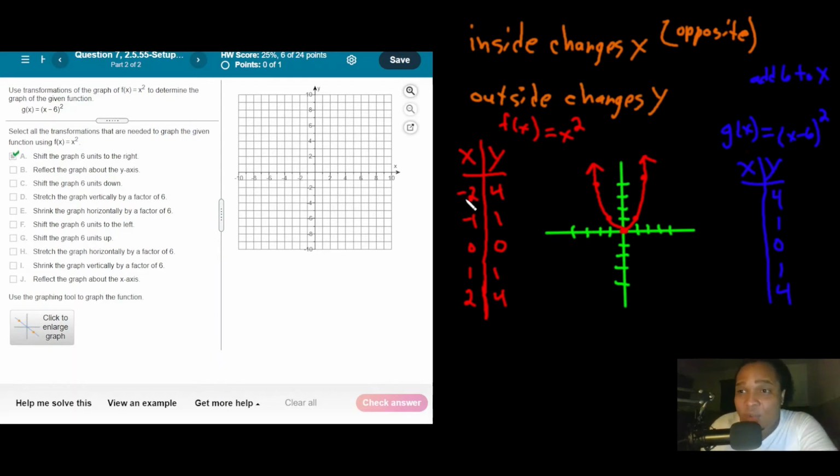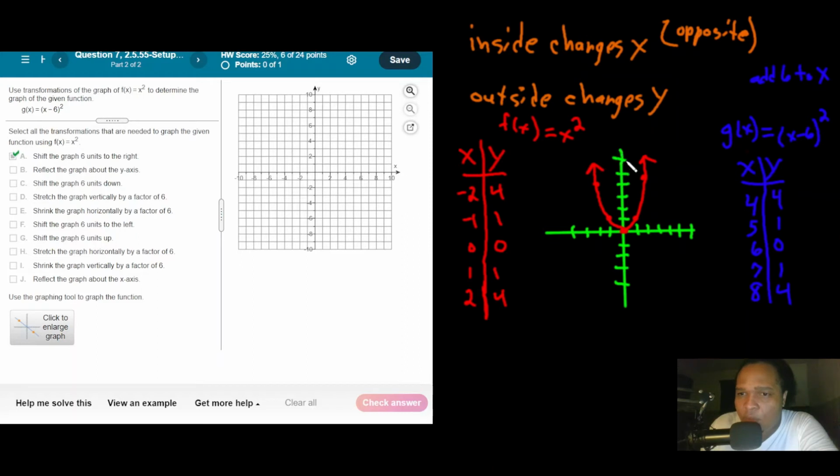Okay, -2 plus 6 will give you a 4. -1 plus 6 will give you a 5. 0 plus 6 will give you 6. 1 plus 6 will give you 7. And then 2 plus 6 will give you an 8. So that is our new function. It's the original function shifted over 6 units to your right. So, you know something, I want to try something a little bit different.